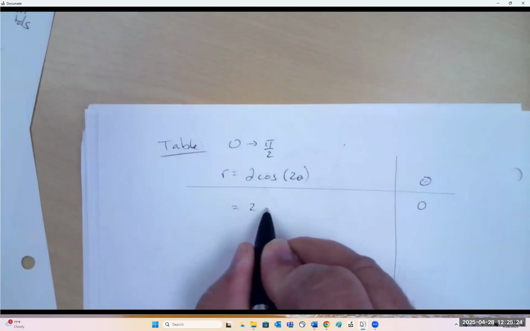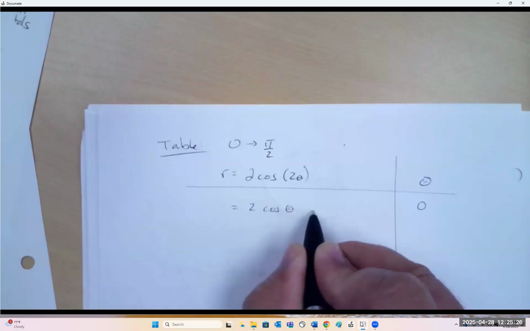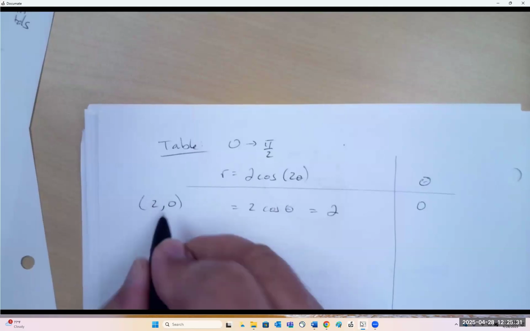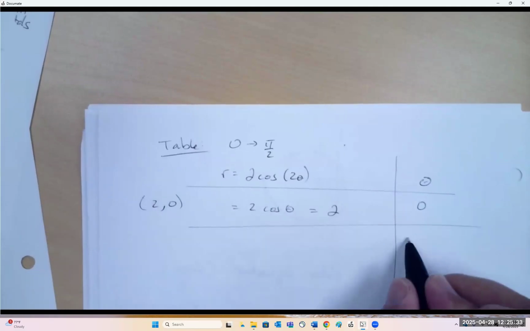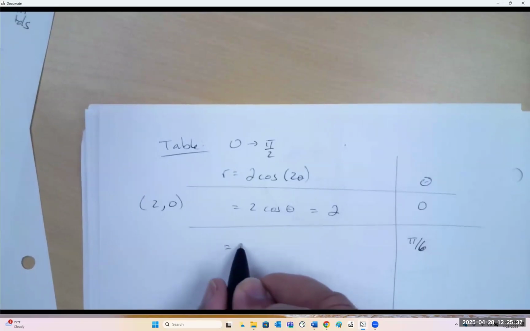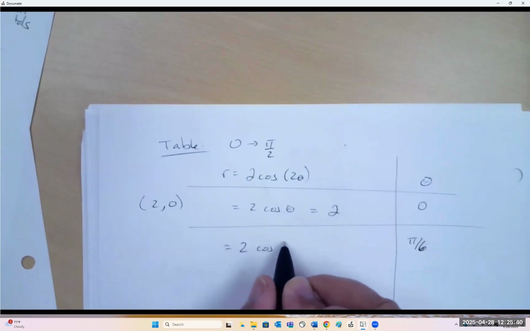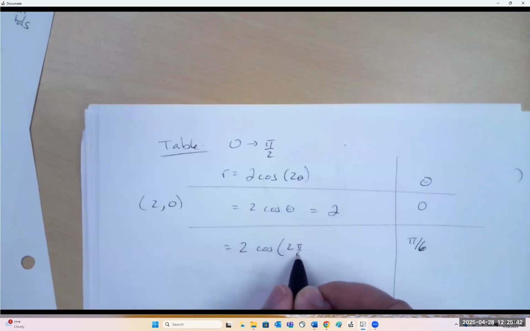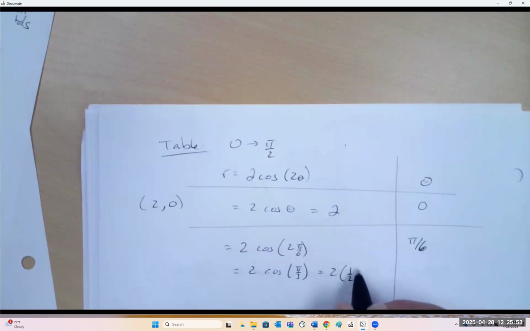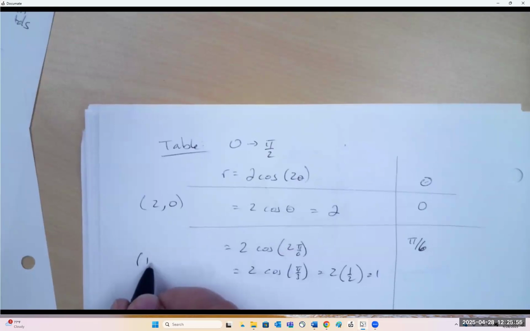At 0, r equals 2, so we have 2 comma 0. Pi over 6: 2 cosine 2 pi over 6, 2 cosine pi over 3, 2 times 1/2, which is 1.